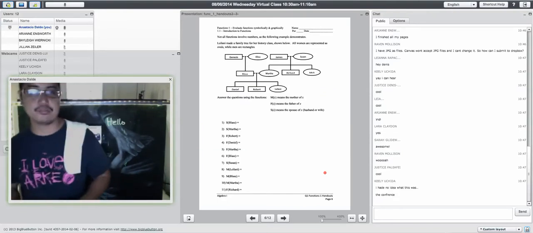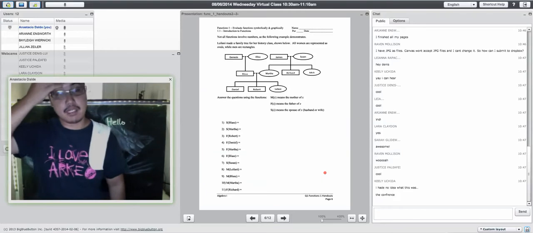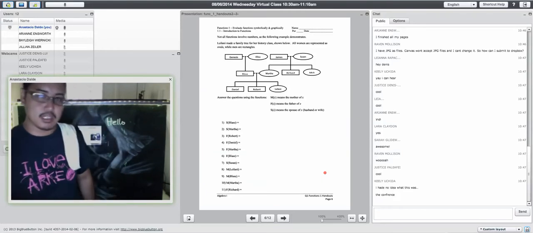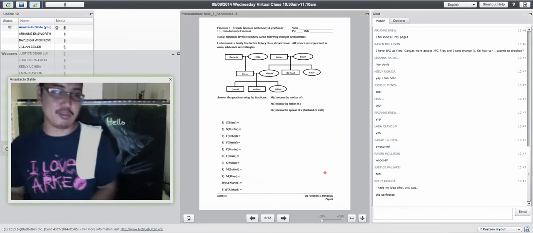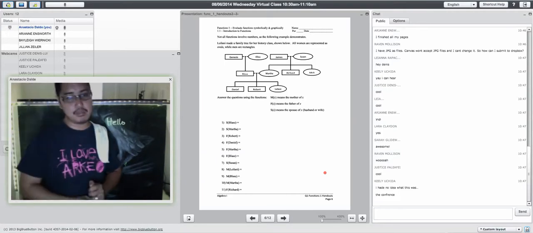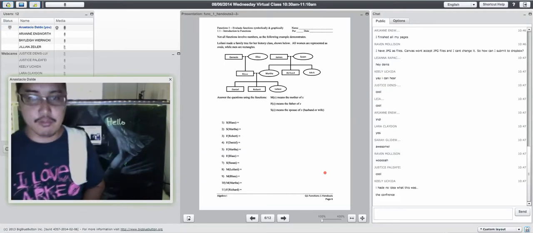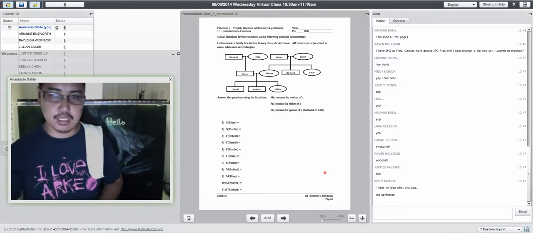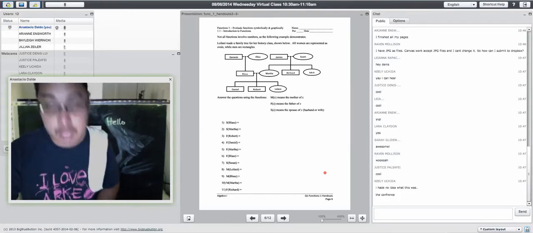All right, so what we've been talking about is functions. I talked to you guys a little bit about the chicken katsu game that we've been playing, and about how functions are represented using different notation.